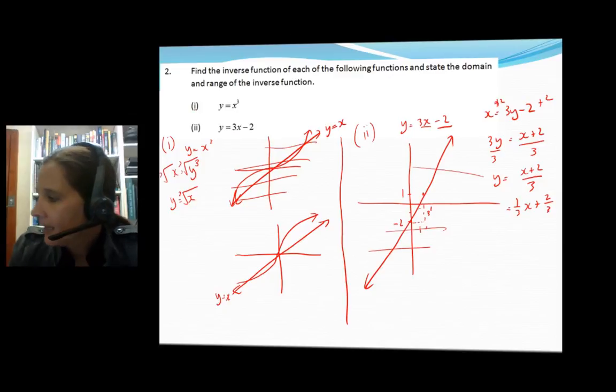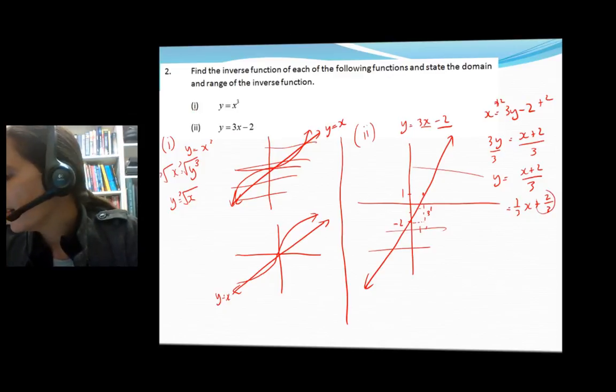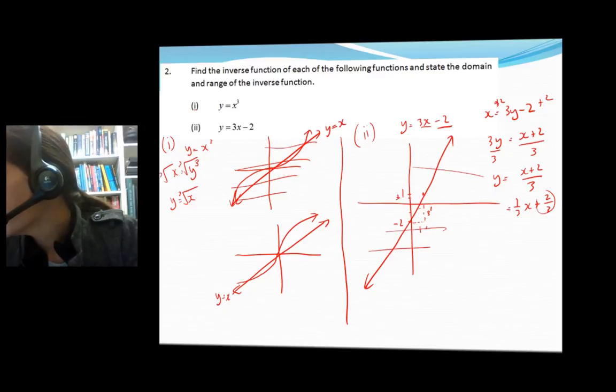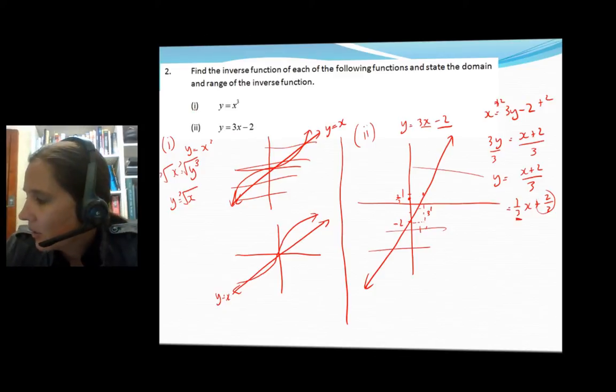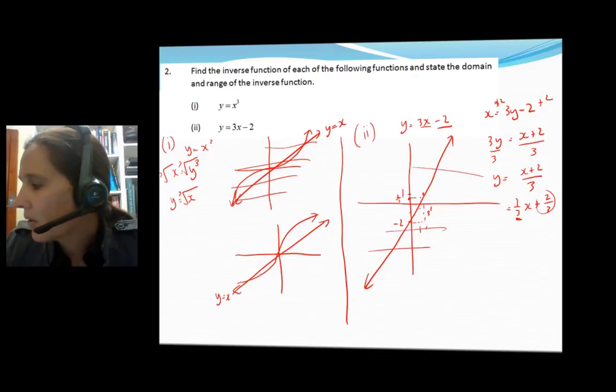What this means is we cut through our y-axis at 2/3, and we have a gradient of 1/3. So for every 1 we go across, we go up by 1/3. Or for every 3 we go across in our x, we go up by 1 in our y.